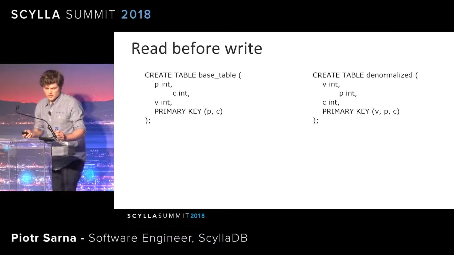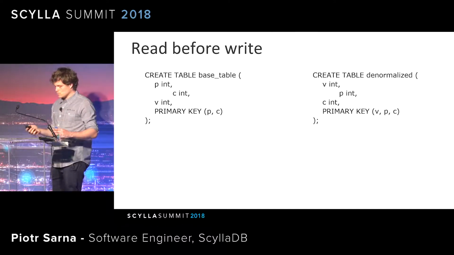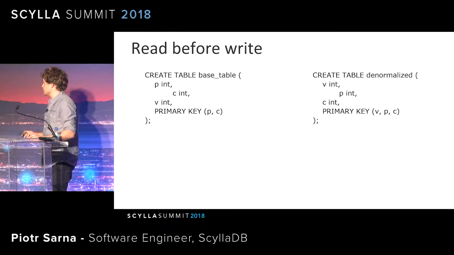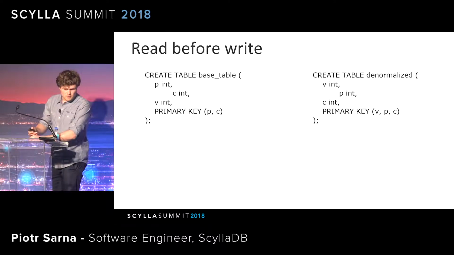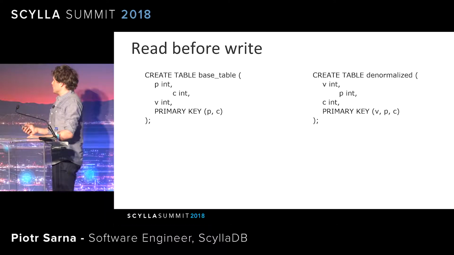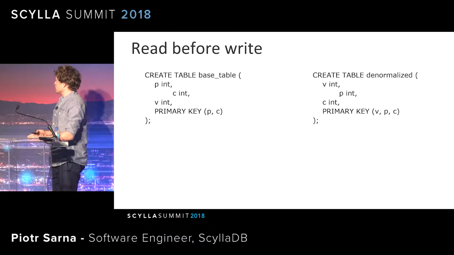And let's see how complex a regular update could be with a denormalized table. Here we have a base table, the indentation is really off for column C. We have a very simple table, which we created, and we also created a denormalized table to be able to query by the value of v.